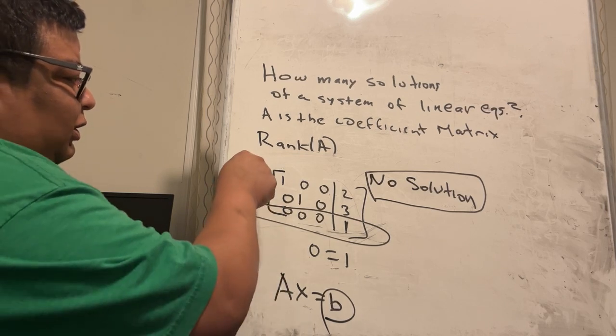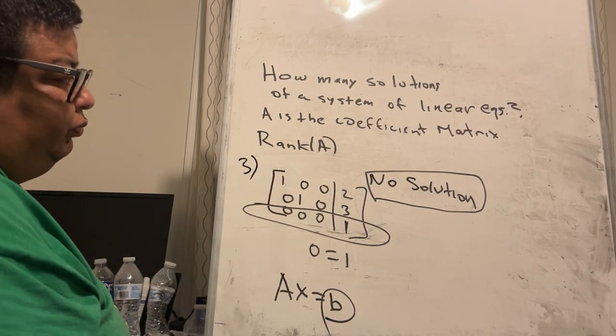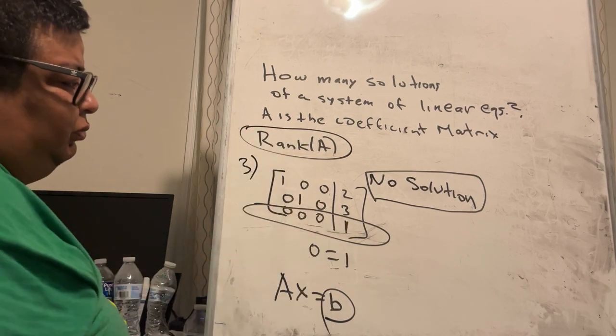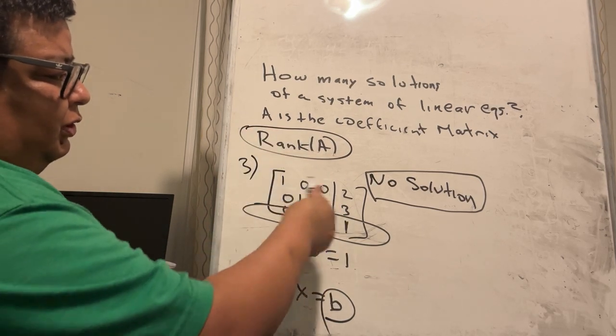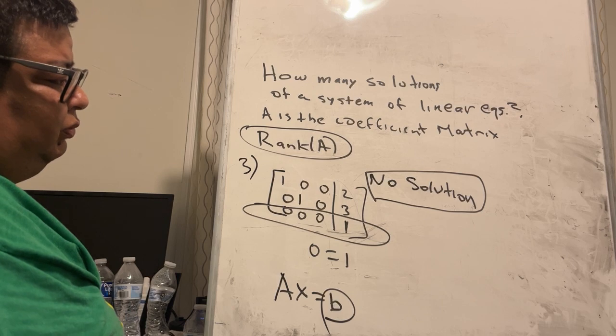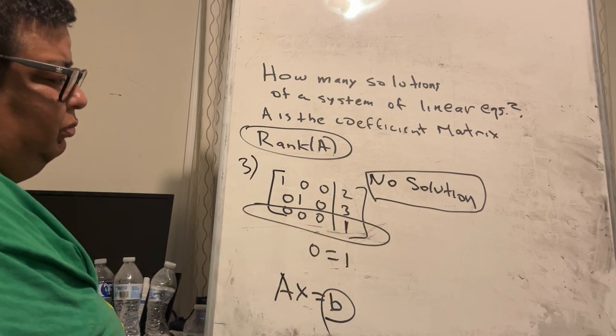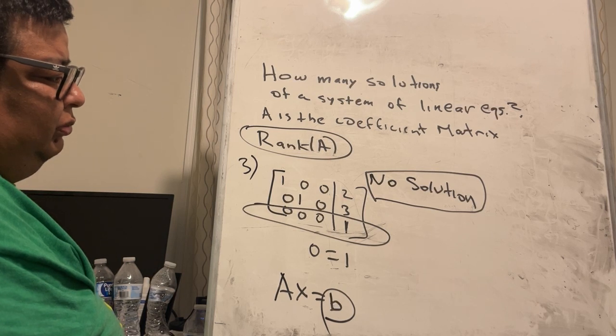So those are the 3 cases when you're looking at the rank of the matrix. Of course, when you're looking at no solution, that's the only case where you look at here.